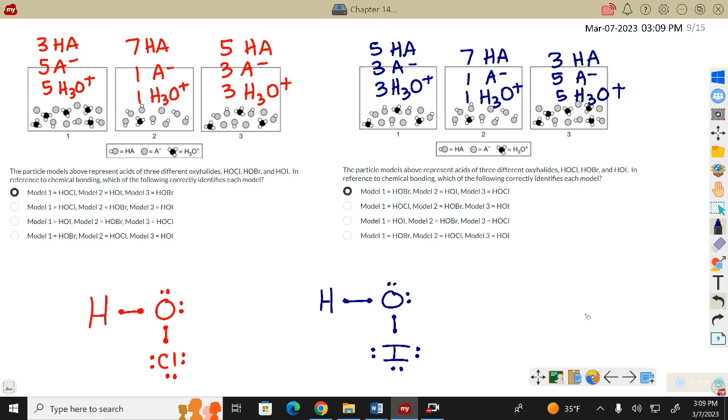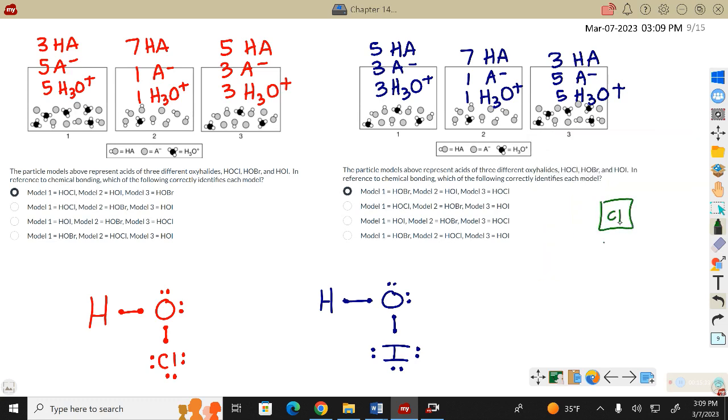We want to try to identify which of these boxes would best represent HOCl, HOBr, and HOI. So the only difference is the halogen that's going to be bonded to the oxygen. We've got chlorine, bromine, and iodine, which on a periodic table go down the group.